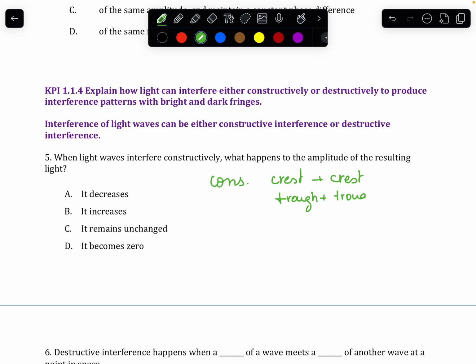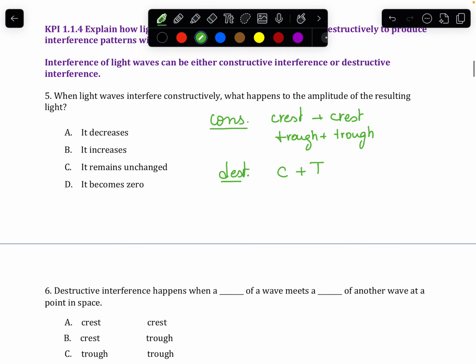In these two cases, I will have the amplitude building up. In case I have a perfectly destructive interference, I will have a crest plus a trough. So the question is, when light waves interfere constructively, what happens to the amplitude of the resultant light? Basically, it increases.